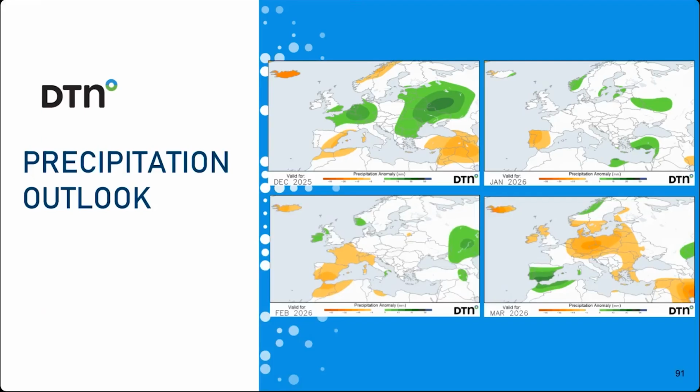That's an above average rain and snow indication for Eastern Europe as well, but some dryness in the southwest, which lasts into January. The dry area becomes broader across Western Europe in February, but Southwest Europe turns wetter than average in March. And if that occurs, there could be some persistently heavy rain and flood risks due to slow-moving low-pressure systems trapped south of a high-pressure area to the north.